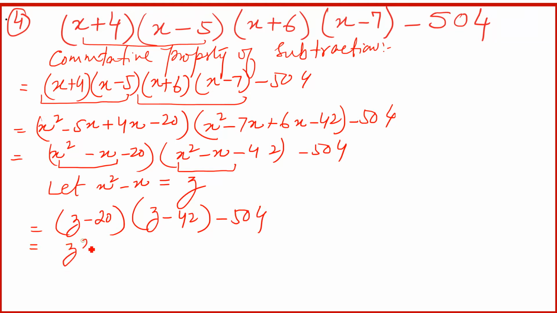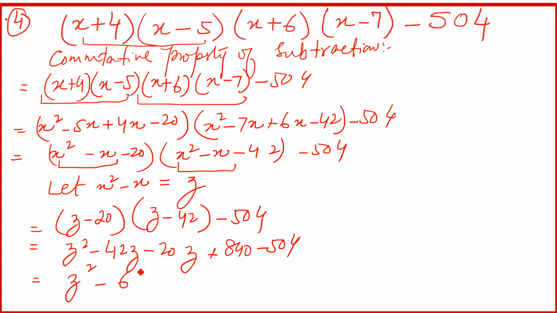Multiply these two: z² − 42z − 20z, and then it is positive 20 times 42. So 42 multiplied by 20 is equal to 840 positive, and here is 504 negative. One more step, z² − 62z, and here is 336.